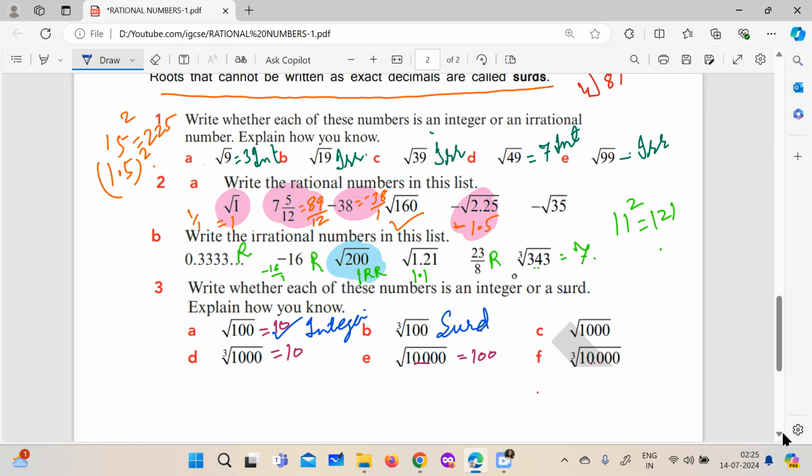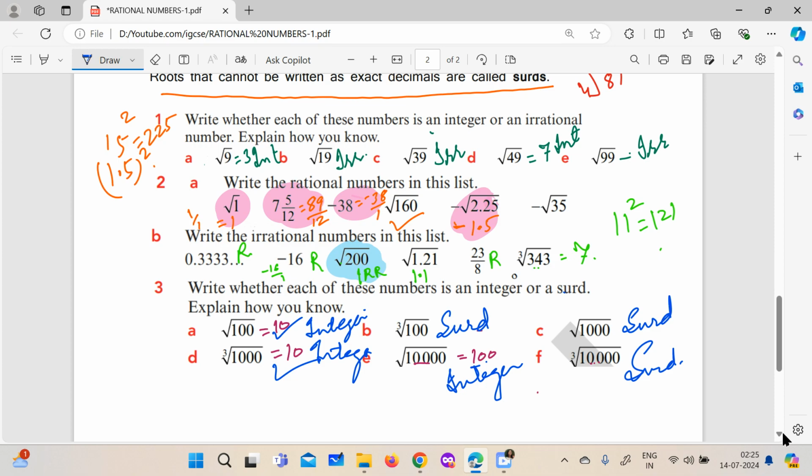And then root of 1000, this is your surd. And then see, we got the value of cube root of 1000 as 10, so this is an integer. Then root of 10,000, that is 100, so this is also an integer. And again here, cube root of 10,000, we cannot find the value as a whole number. So this falls in the category of surds.